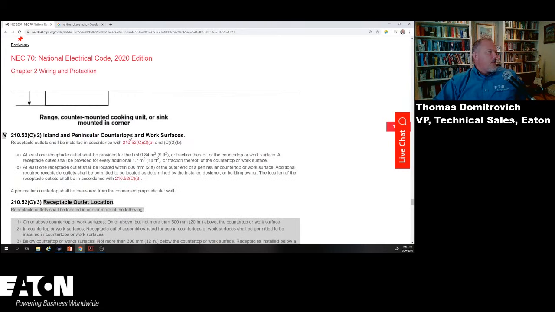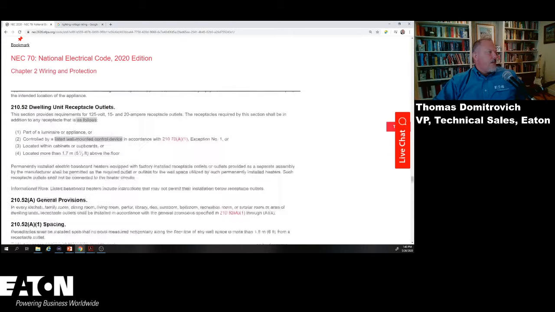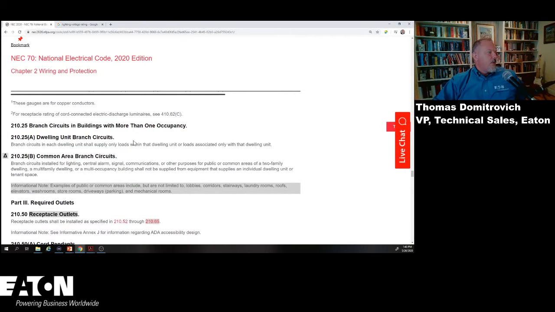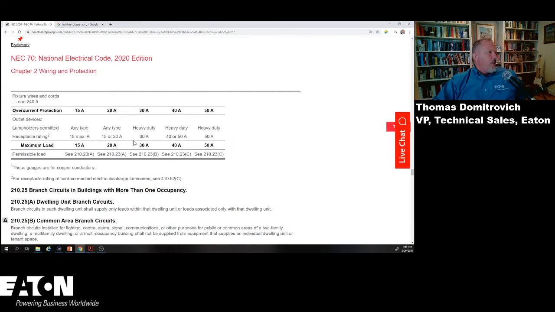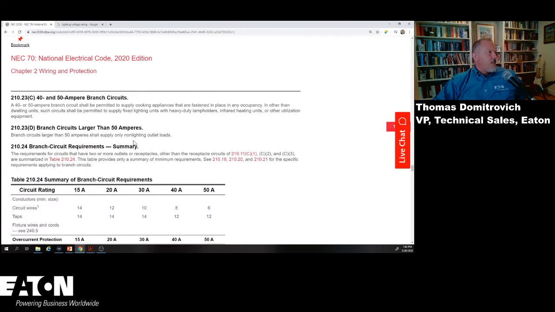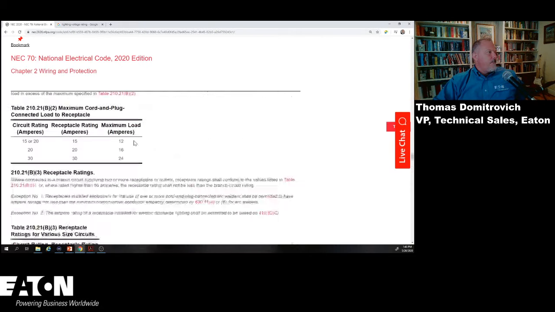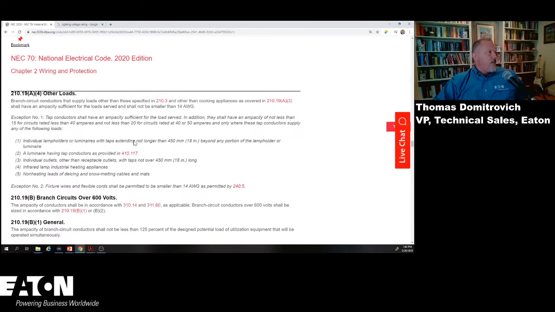I'm just looking for 210.52. Those are receptacle outlets. I got to get out of 210.52. Those are your required outlets. Branch circuits 210.25, branch circuit requirements. And common areas. Boy, where is that requirement?